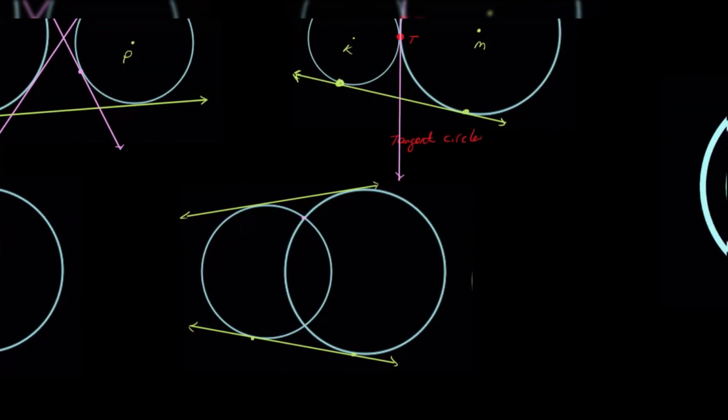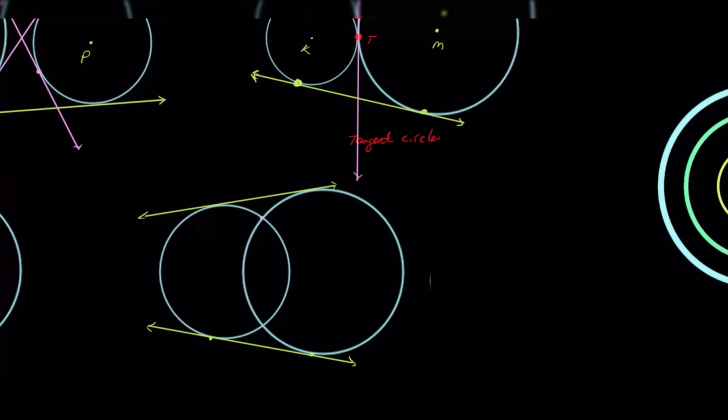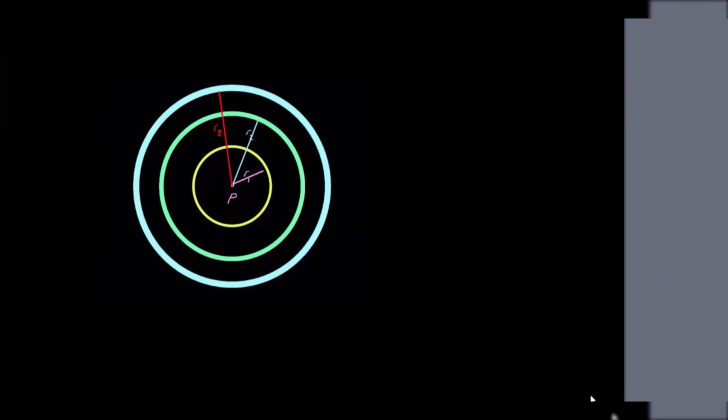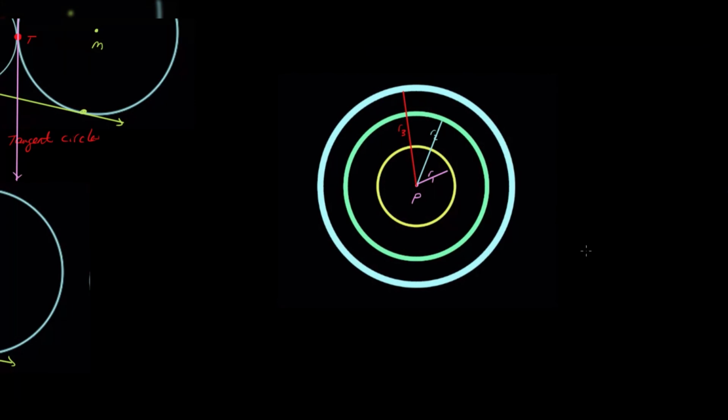And if you have intersecting circles like this, it appears that you will have 2 tangent lines. And finally, we finished off with concentric circles. Concentric circles share the same center. Of course, they'll have different diameters.